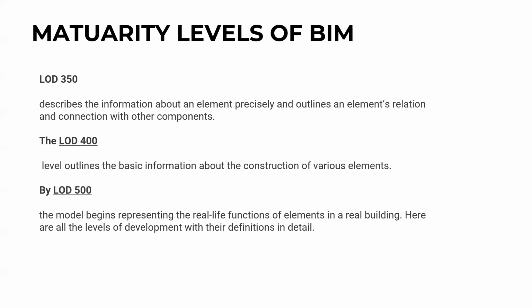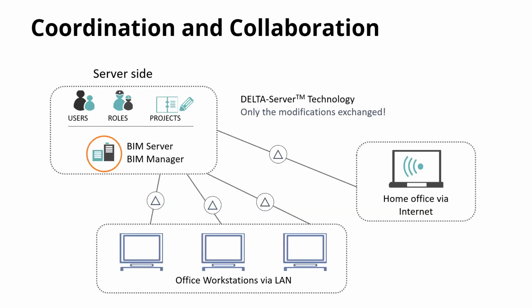At LOD 350, you can describe the information of the elements and have specifications of those elements. Under LOD 400, the level outlines the basic information about the construction of various elements, and you have further information about the element. At LOD 500, the model begins representing real life functions. So you can create the as-built model at level 500.